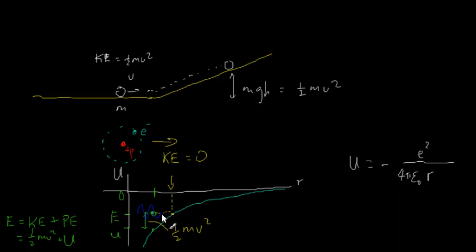Now, as it moves away from the nucleus, we know that the kinetic energy and therefore the velocity decreases, the momentum decreases. So as the momentum decreases, the wavelength gets longer. In the other direction, if it moves in the other direction, it must get faster and faster. Since it accelerates, it gets attracted and accelerates towards the nucleus.